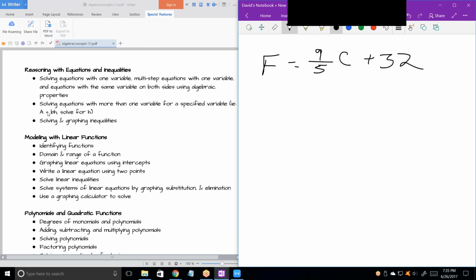See this one where they say A equals B times H and they want you to solve for H? We did that one. Yeah. Here's another one. Here's the temperature in Fahrenheit is equal to 9/5 of the temperature in centigrade plus 32. Solve that equation for C. Step by step. Tell me what each line should be.